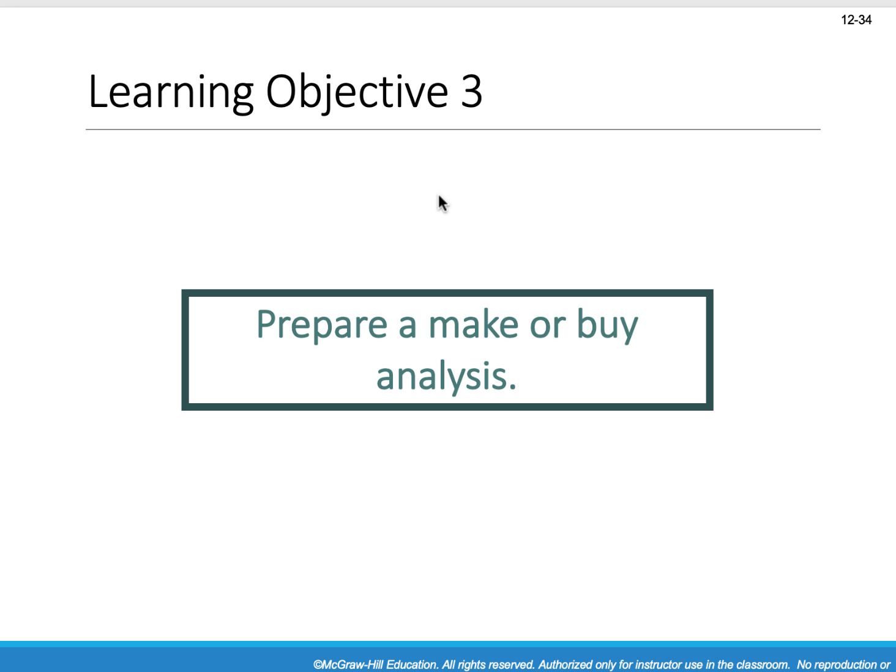Differential analysis. We have to be able to identify relevant and irrelevant costs and benefits.